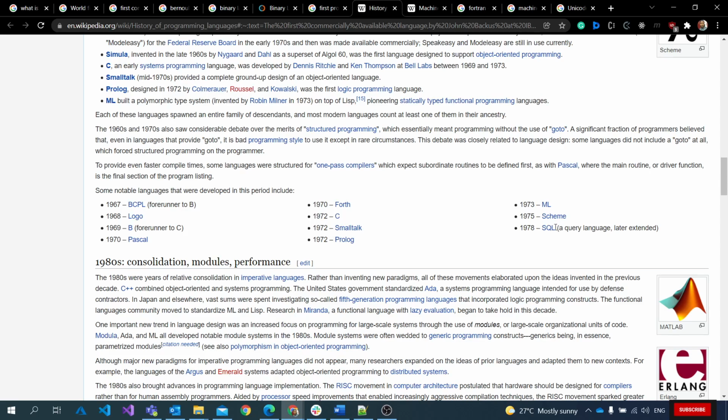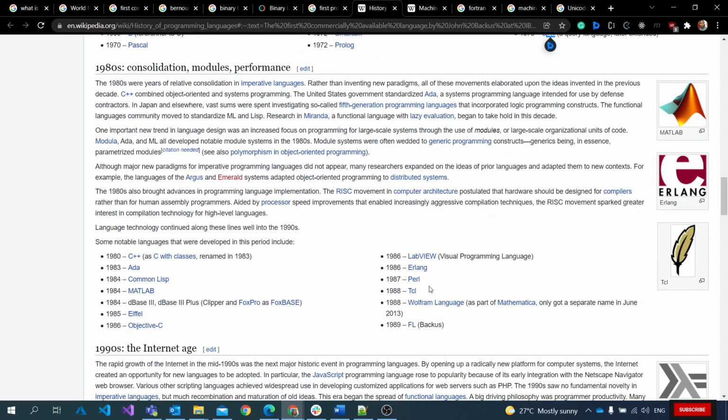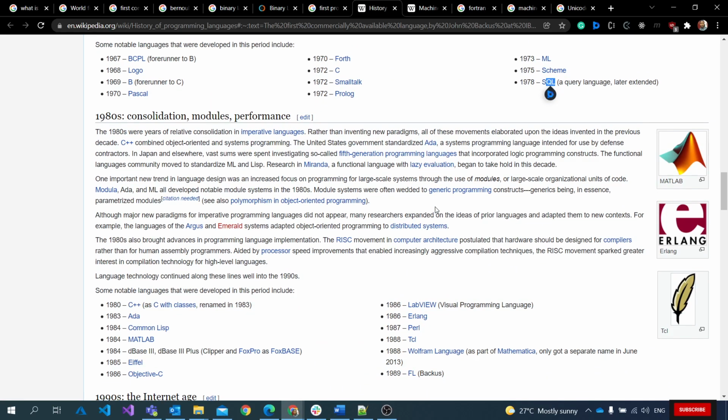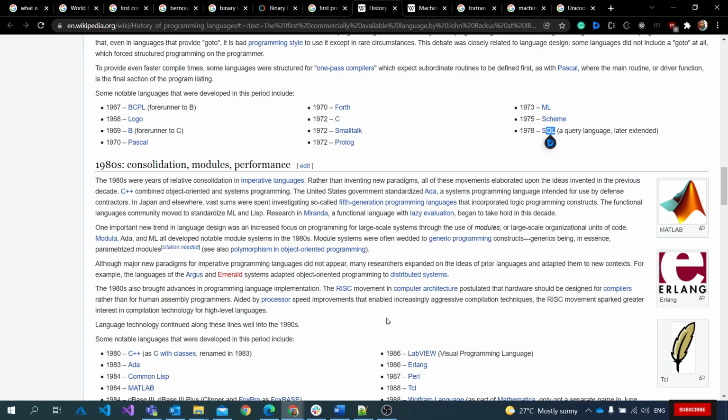And then SQL, used a lot for databases and analyzing data. I think that's a very useful language. You can create a lot of things with it, but usually people use it for relational databases, to be precise. So there's C++, which came in 1980.